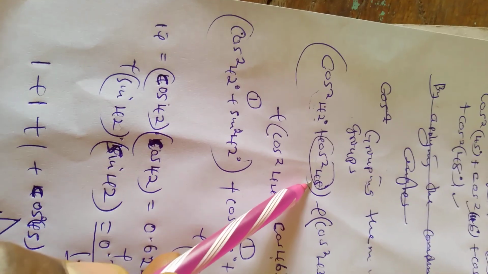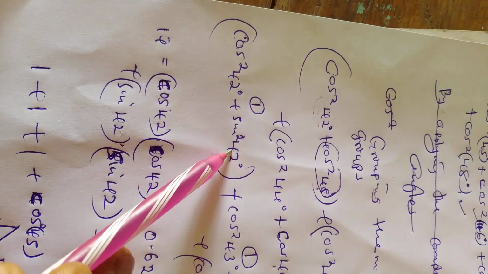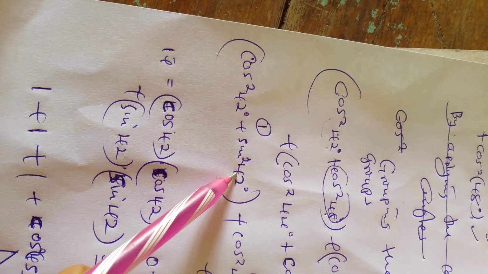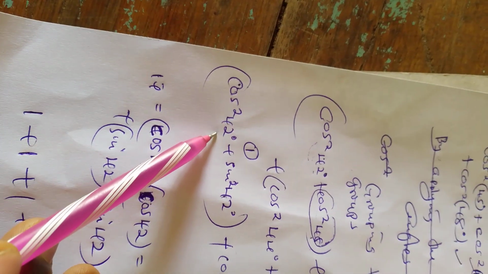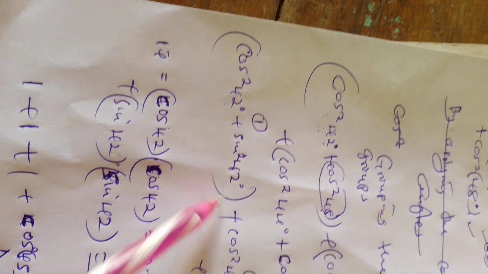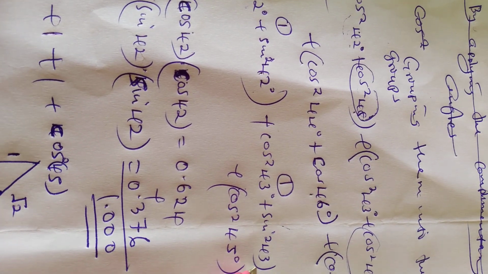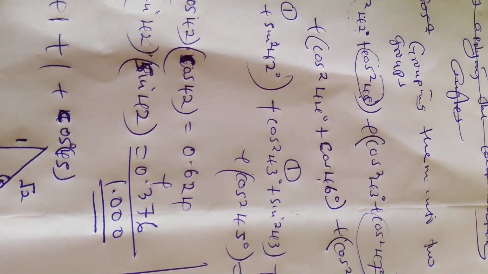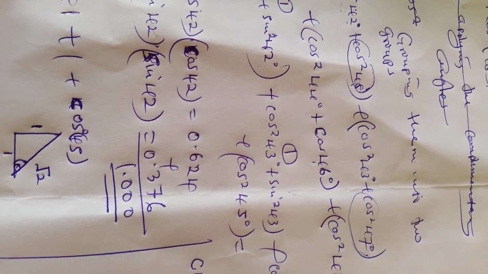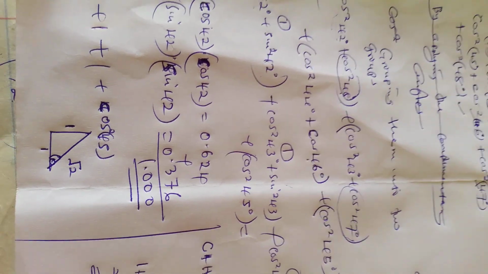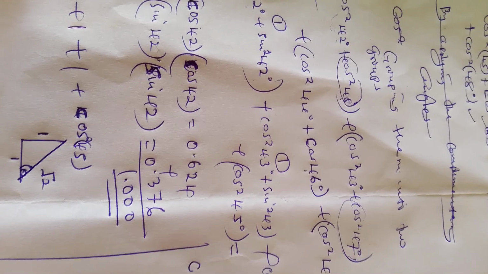In this case, this complement is what? The sine 42. That's what I've written there: cos squared 42 plus sine squared 42, cos squared 43 plus sine squared 43, in that order. So now we have written this in these complements.